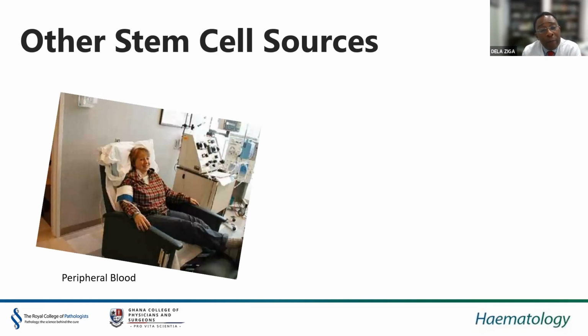And the machine, as you see in this picture, is an old Spectra. We now have new Optia machines that are more efficient, but this Spectra is also a good workhorse that does a good job. The Spectra is used to retrieve the stem cells peripherally, and then they are processed and used for the stem cell transplant.